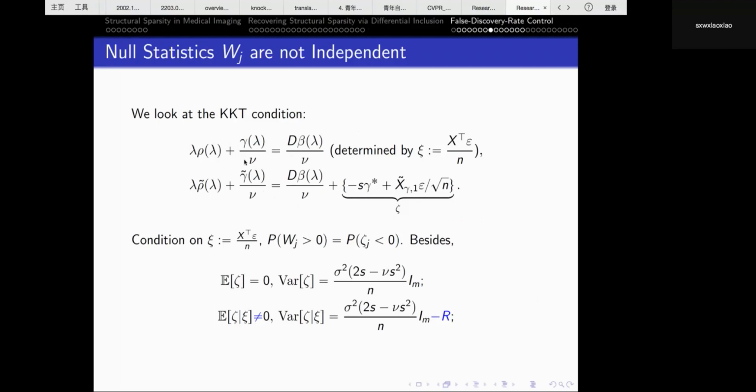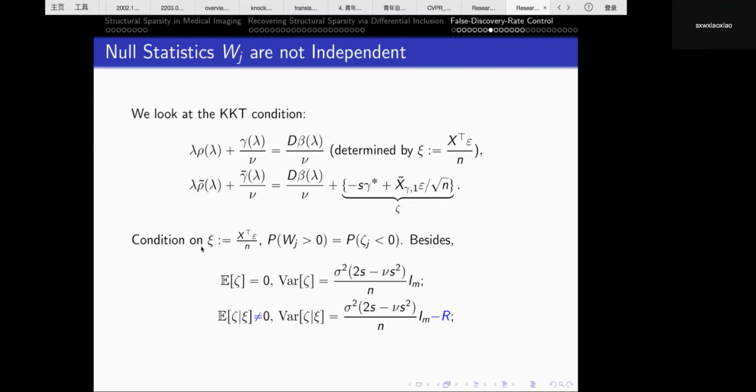And as we can see, the KKT condition for gamma is only dependent on the beta lambda, which is determined by the noise variable, and the KKT condition for the gamma tilde comes with an additional term called zeta, and when zeta is less than 0, it means the gamma will be selected earlier than the gamma tilde.